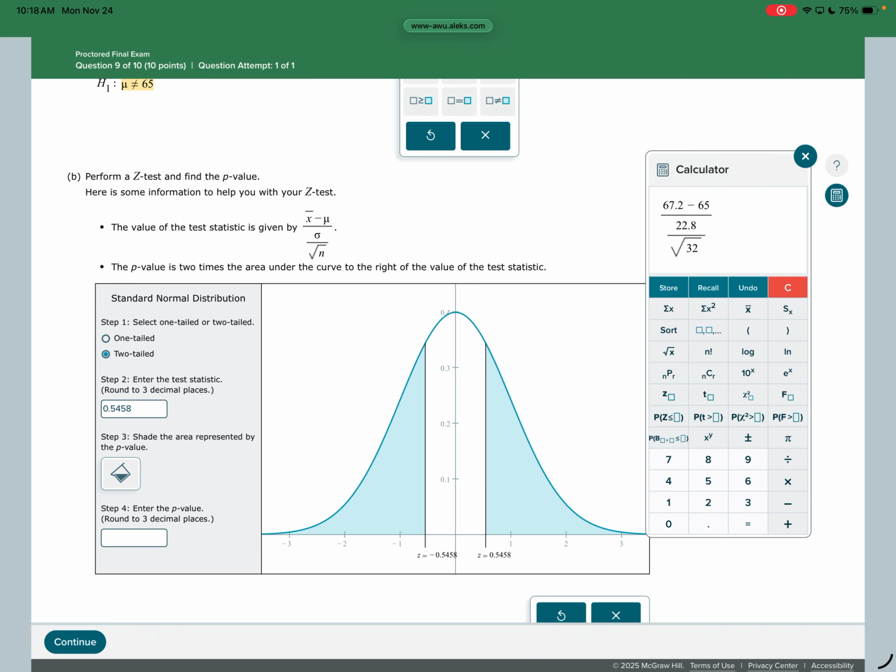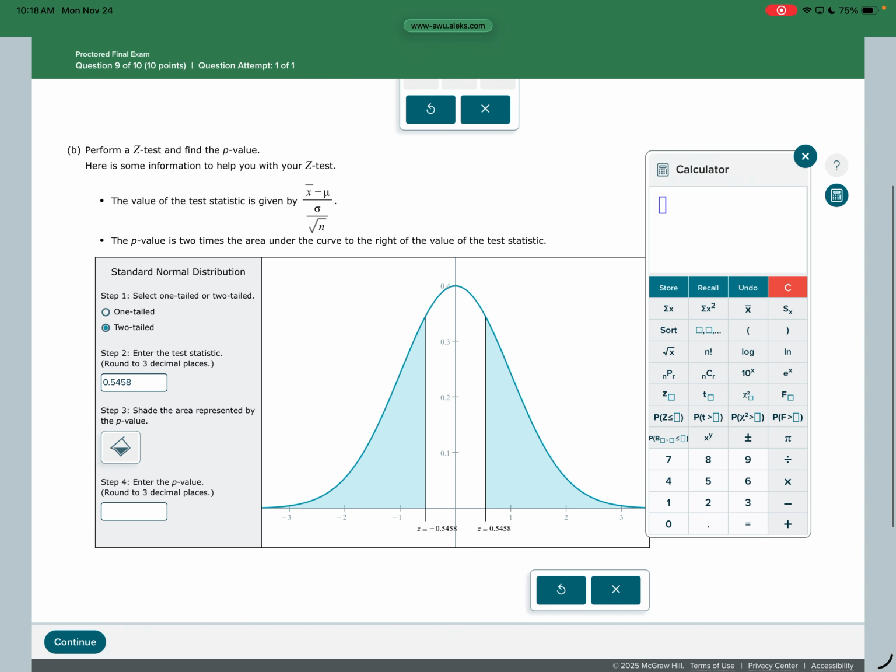All right, to find the p-value, they do give you that hint right above the box right here. The p-value is 2 times the area under the curve to the right of the value of test statistic. So I'm going to type my test statistic in there, okay? When I do a two-tail one, this is probably something that I do a little bit different.